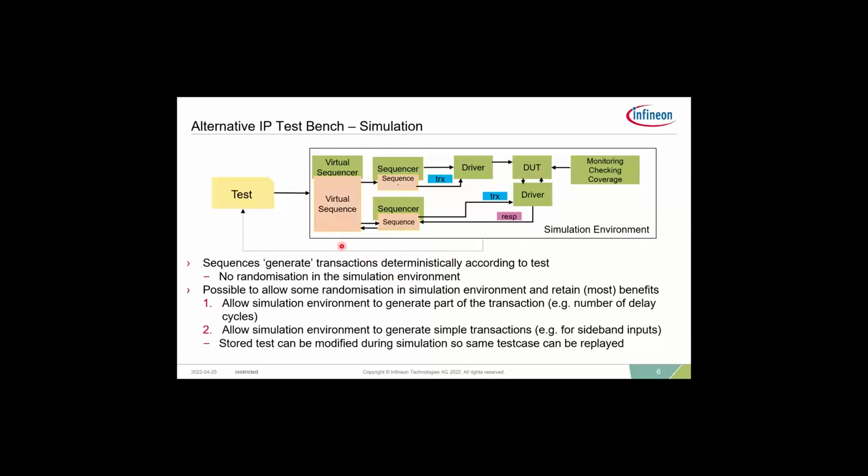This is the vanilla case where there's no randomization at all in the simulation environment. This can be tailored slightly to allow some minimal level of randomization in the simulation environment and retain most of the benefits that I'm going to talk about shortly. So the simulation environment may be allowed to generate a small part of the transaction, such as the number of delay cycles, something like that. It may be allowed to generate simple transactions on some simple interfaces into the design.